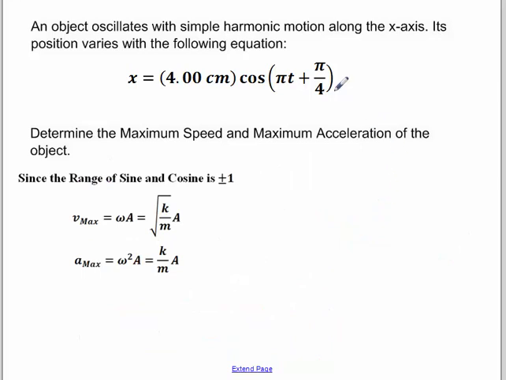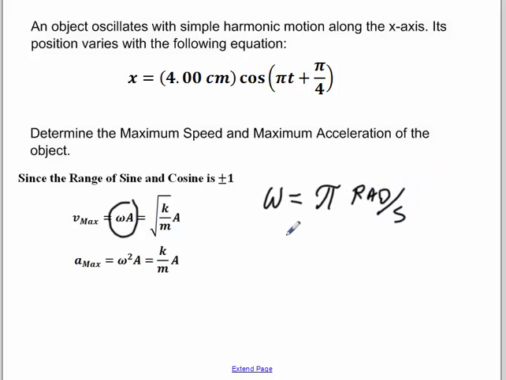If you want to find the maximum, again, we just come back and use these equations. We just substitute back in our amplitude of 4. We can determine what the spring constant is if we need to. Here it'd probably be simpler just to use this because we can find omega very quickly. And we know, as mentioned, omega we figured out was just going to be pi radians per second. Again, that's nothing more than 2 pi divided by the period.